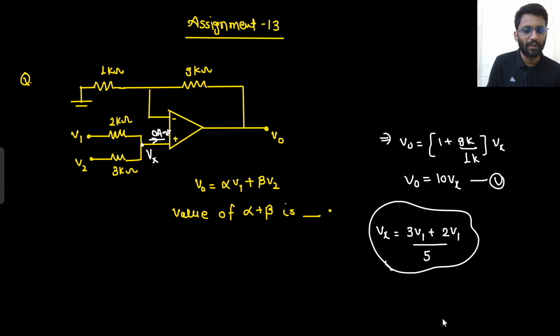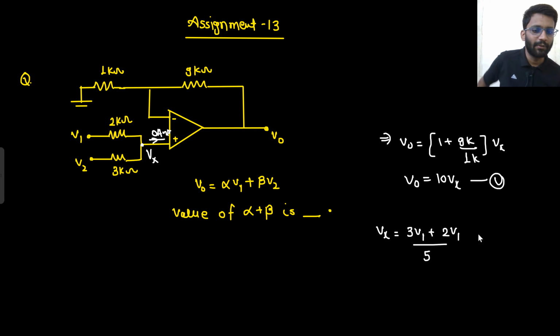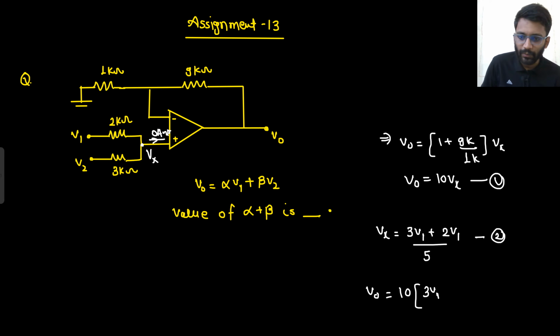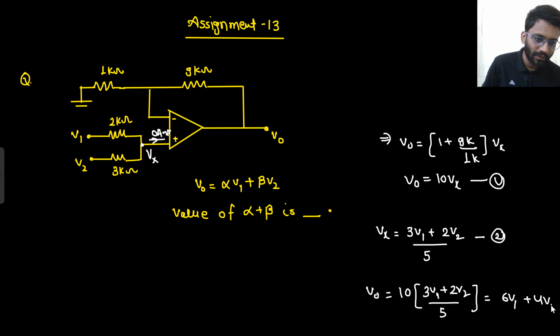From there we get this formula, but since it is used again and again, we typically remember it. So V naught is equal to 10 into (3V1 plus 2V2) by 5, and that equals 6V1 plus 4V2, right?